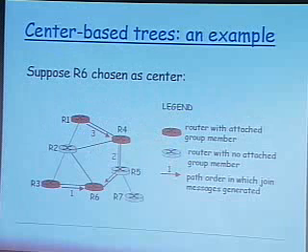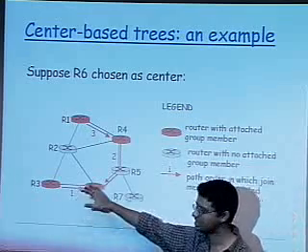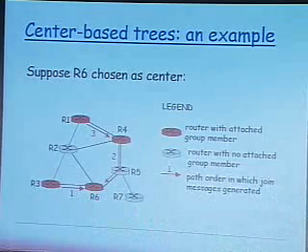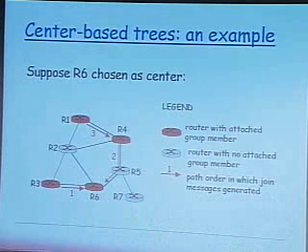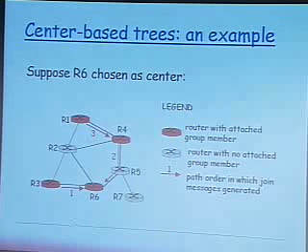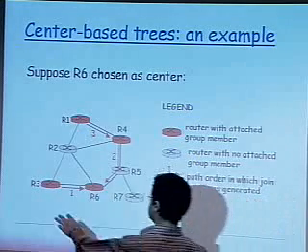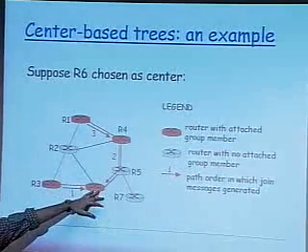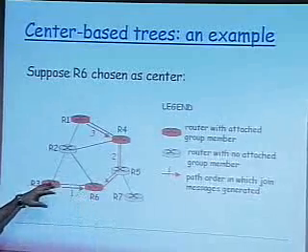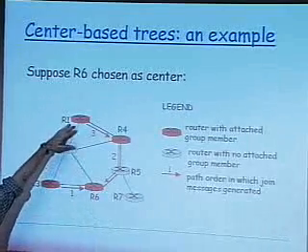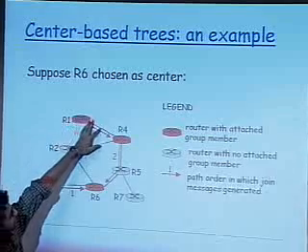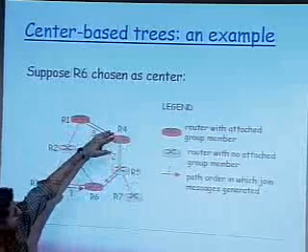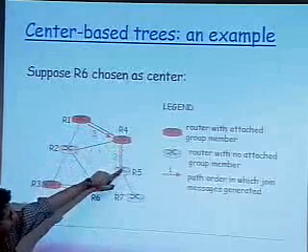So again, if R6 in this topology is the rendezvous point for this multicast group, and R1, R3, R4 want to join, then R3 will send a direct join message to R6. It becomes part of this tree. R1 sends a message, or R4 sends a message. The unicast path goes through R5.